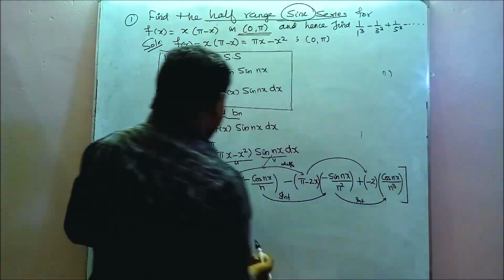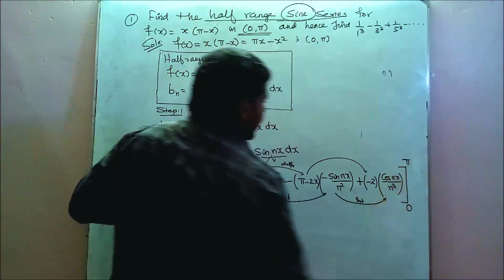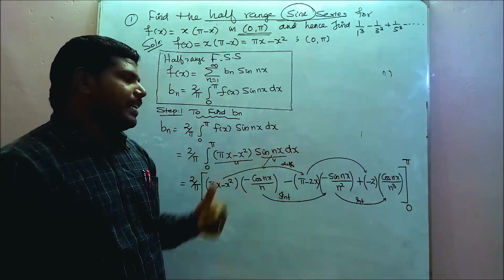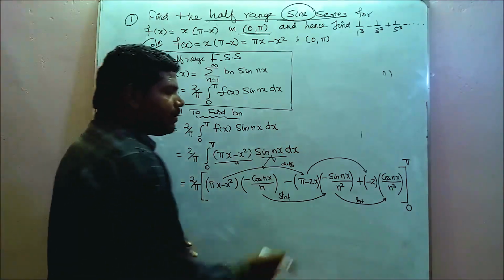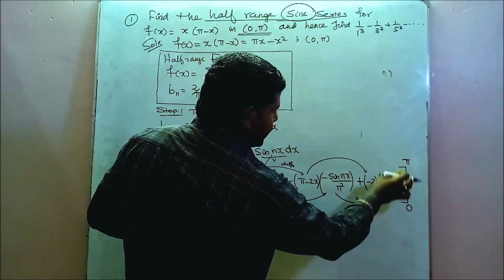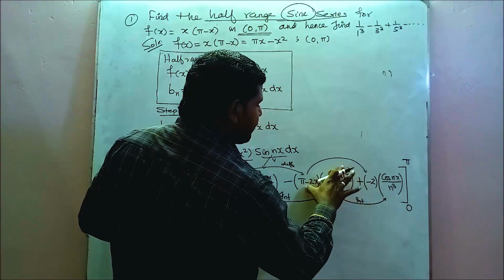So stopping the Bernoulli, we can take the limit 0 to pi here. Before applying the limit, in the range 0 to pi, this sin term, applying both the limits, the upper limit and the lower limit, is totally 0.